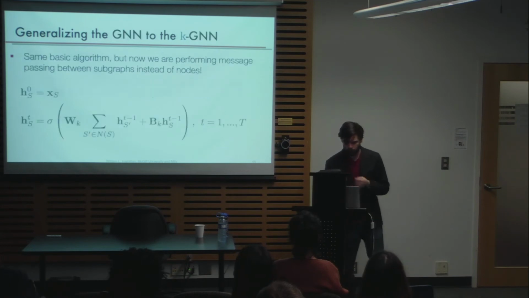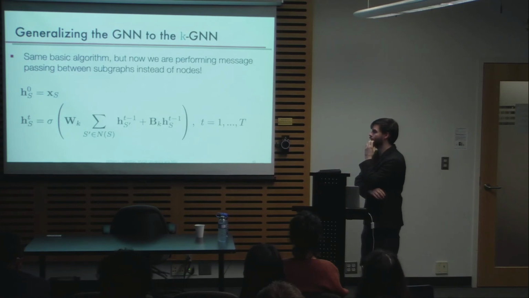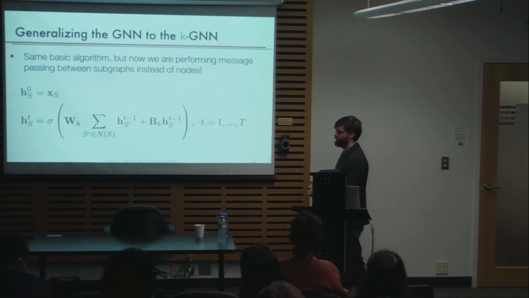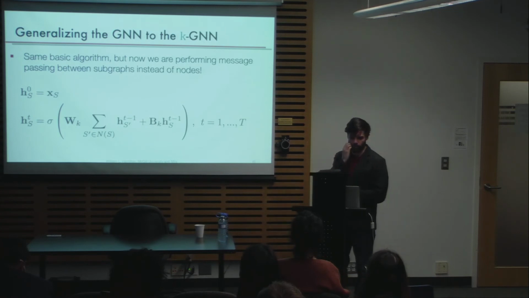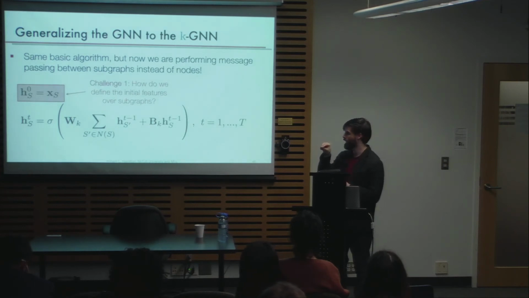Okay, so when we're talking about this generalization going from graph neural nets now to k-graph neural nets, the algorithm here, which I won't spend too much time on because I would like to talk about some of the empirical results because they're kind of fun in terms of comparisons to baselines. So what we're going to do here is we're now going to say that we have our initial representations on subgraphs, and then we're going to do this neural graph message passing idea now over subgraphs.